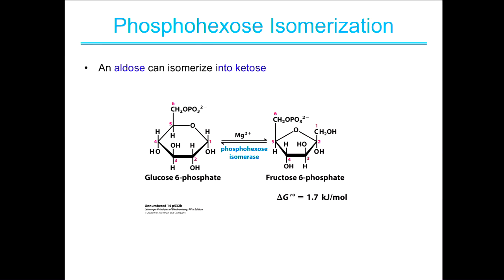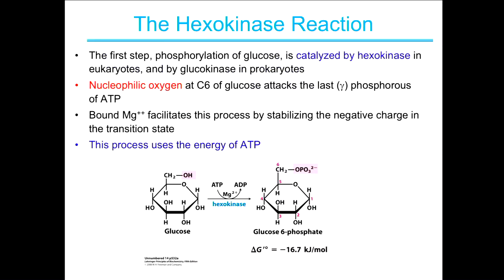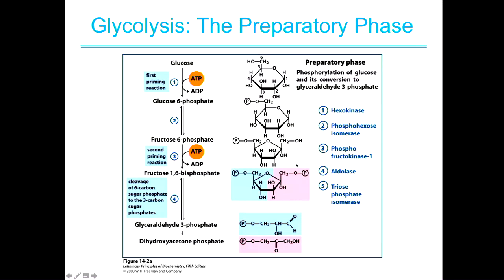Yes, question? I have a question with the preparatory phase with the hexokinase. I noticed that the 6 carbon right there is on the right side. If you go back to the whole chart, it's on the left side. Does it matter?